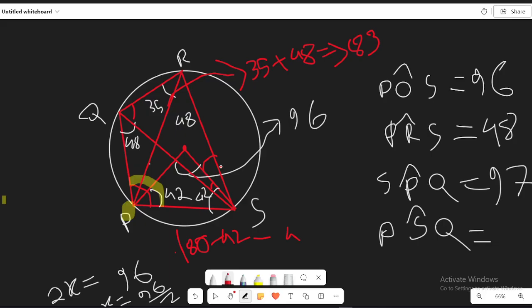P S Q. Oh, okay. We're not looking for this one. We're looking for this angle. Oh, I highlighted the wrong angle. I'm an idiot. It's this angle right here. So we're gonna find this angle right here.